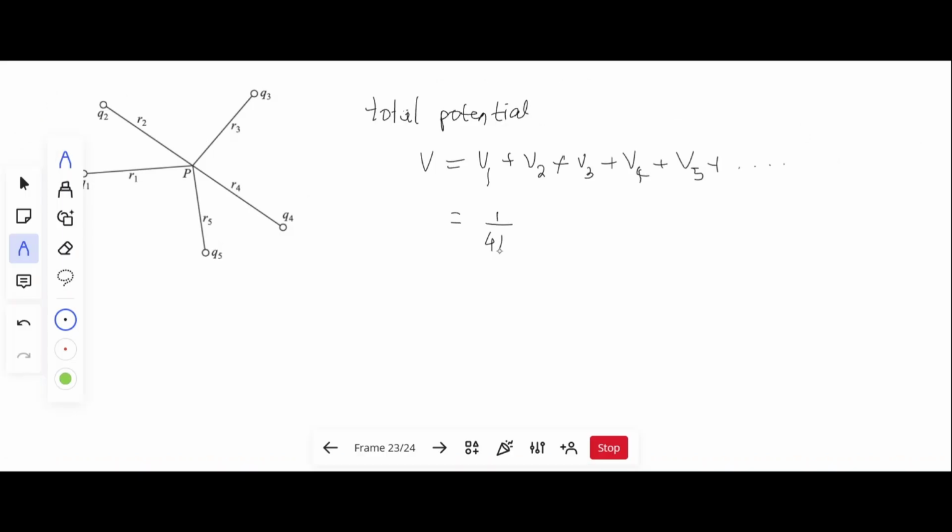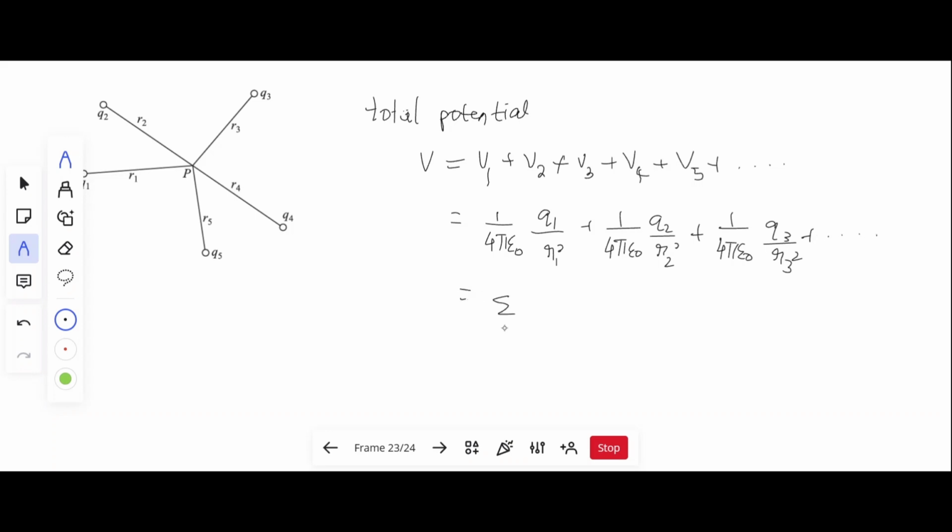That is, 1 by 4 pi epsilon naught q1 by r1 plus 1 by 4 pi epsilon naught q2 by r2, plus 1 by 4 pi epsilon naught q3 by r3, and so on.